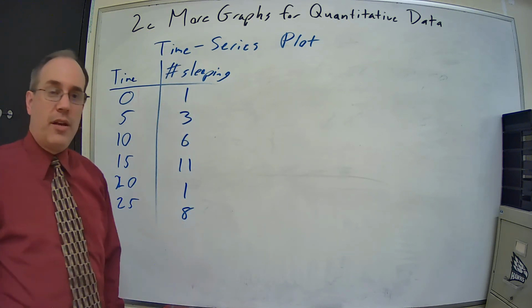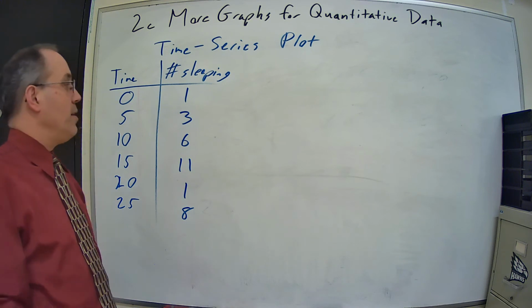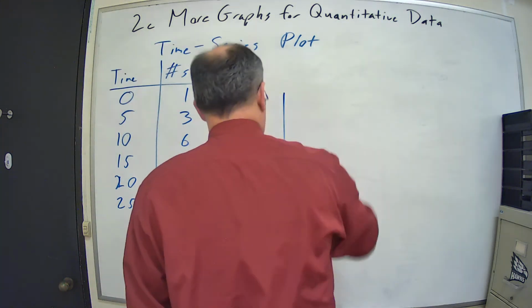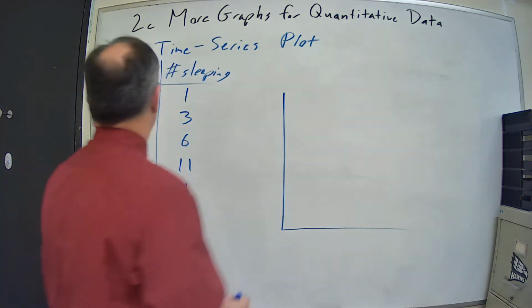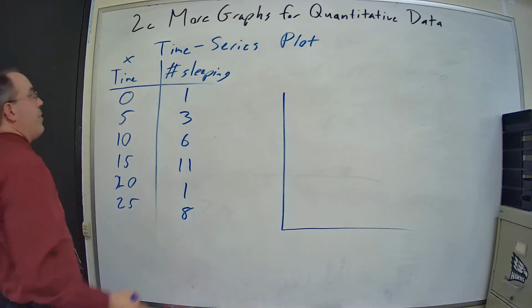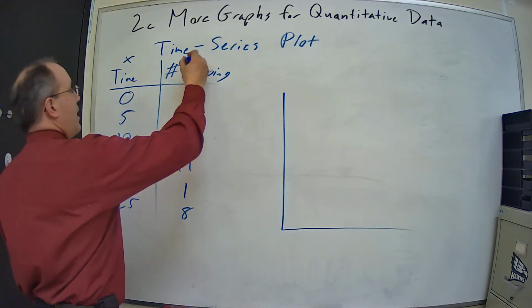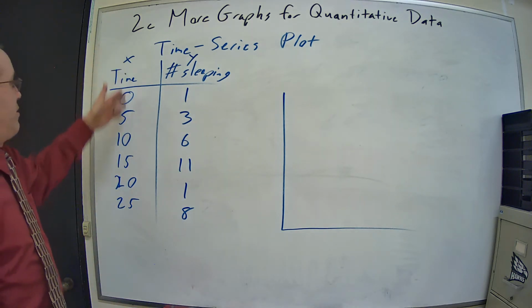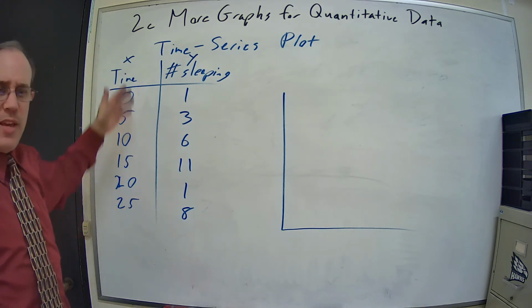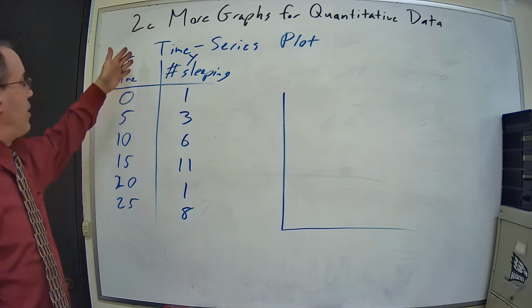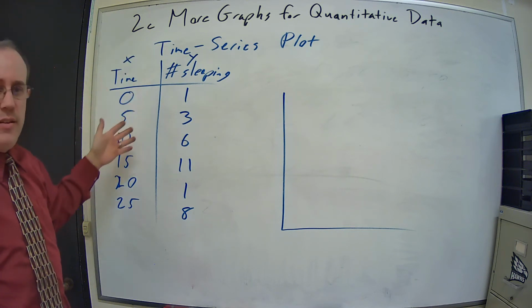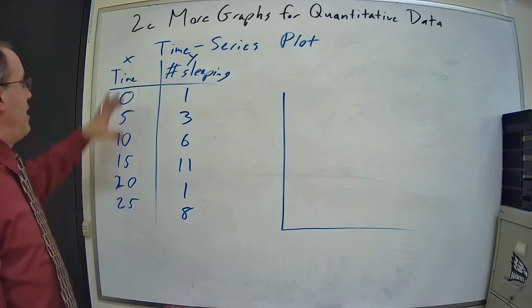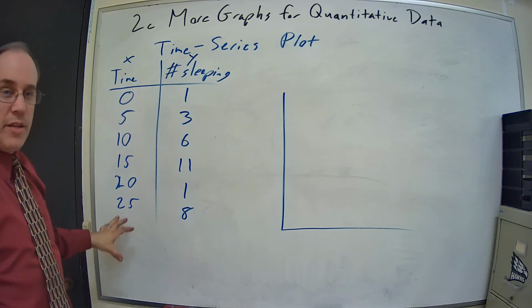time series plot. So to graph this, I'm going to plot the time on my x-axis and the number sleeping on the y-axis. We call this first column, and for me it's always the first column, the independent variable, meaning that it's based on nothing but itself.